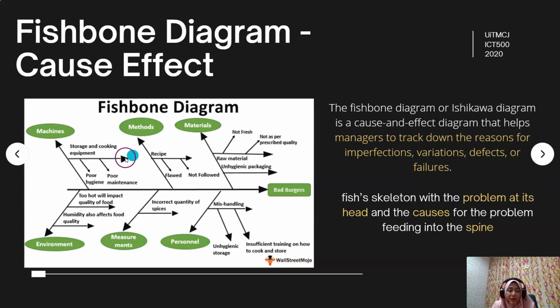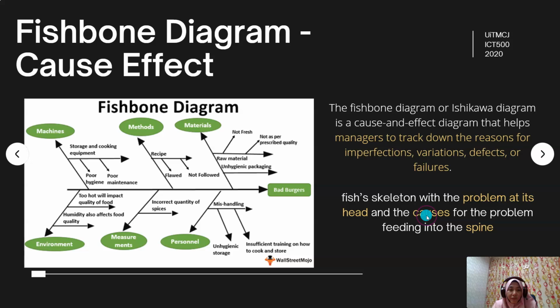The diagram is almost similar to fish skeletons, with the problem at its head. So what is the problem? Bad burgers. We have a problem with our product, which is bad burgers.